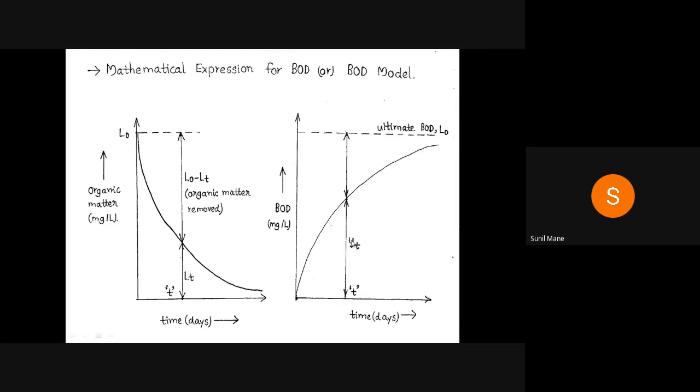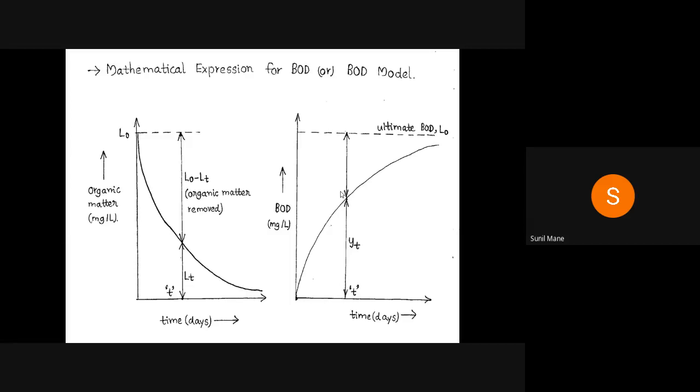YT would be BOD. BOD5 is the BOD after 5 days. The oxygen demand is increasing in this particular manner, and at this point we can determine the BOD, the biochemical oxygen demand, so that you can get the value of the amount of oxygen which has been required in that particular wastewater after disposal to remove organic matter.